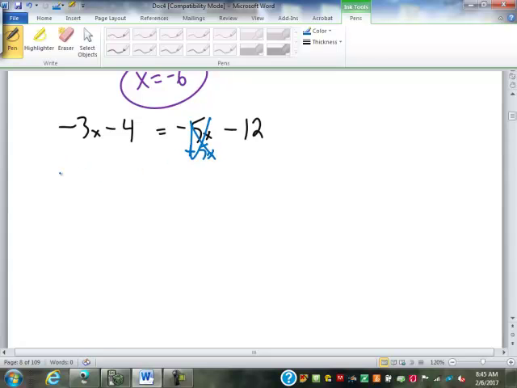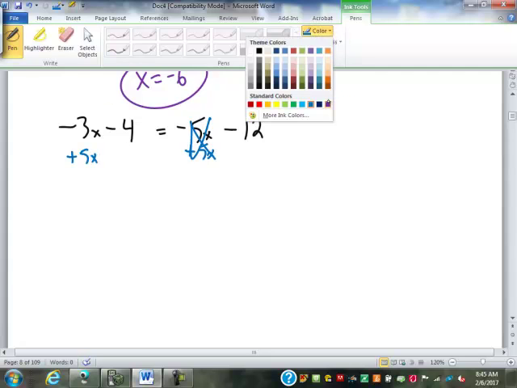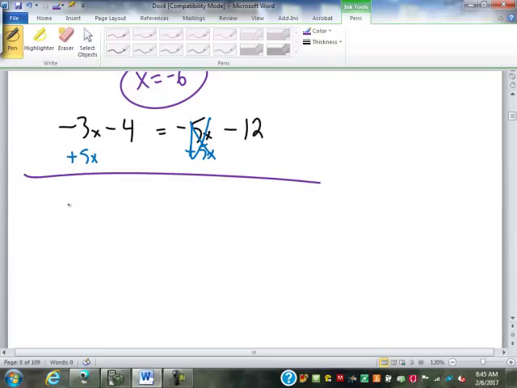What do we do over here? Add 5x to the negative 3x. So we're going to get what over on this side? 2x minus 4 equals negative 12. And then plus 4, which will give us 2x equals negative 8. Good.